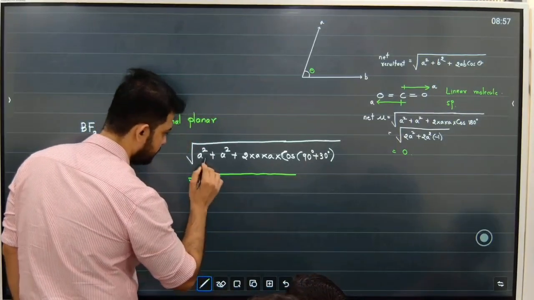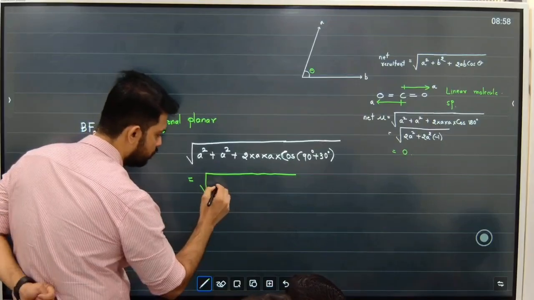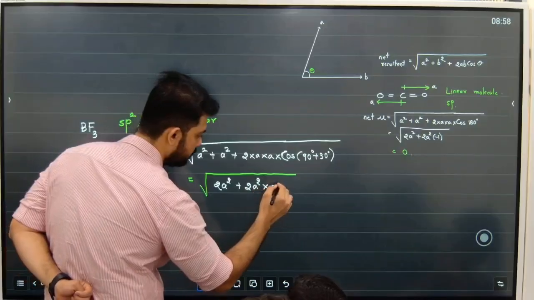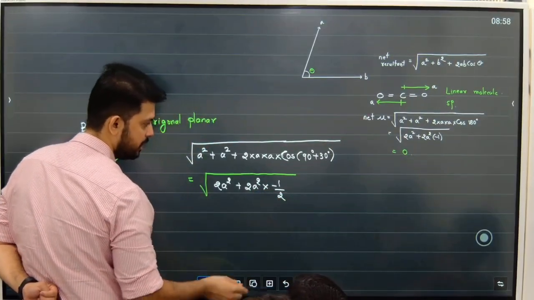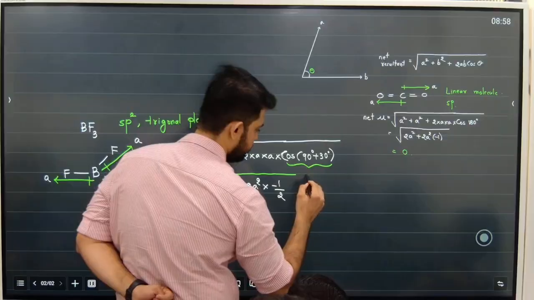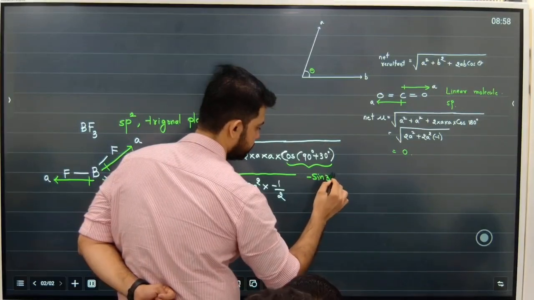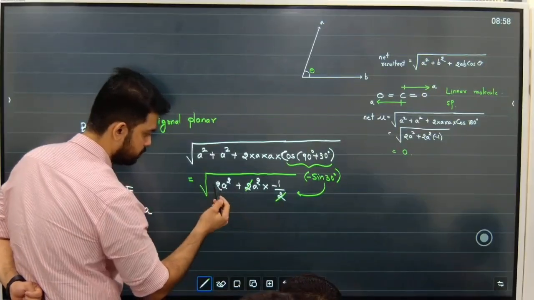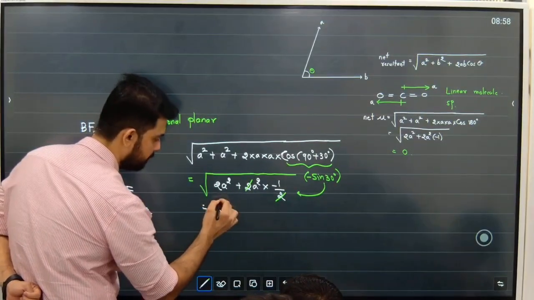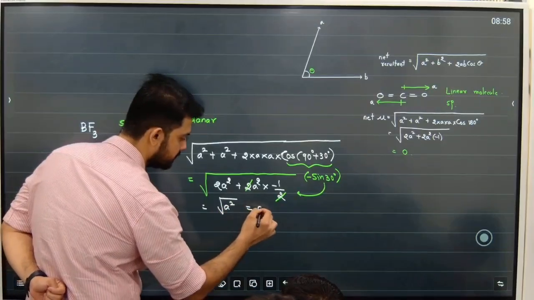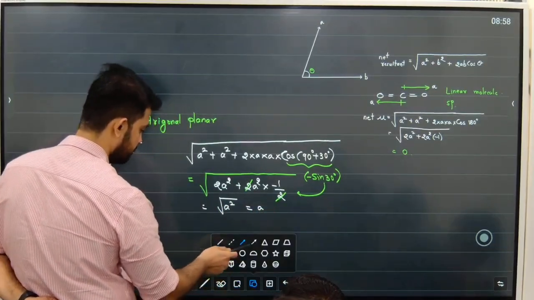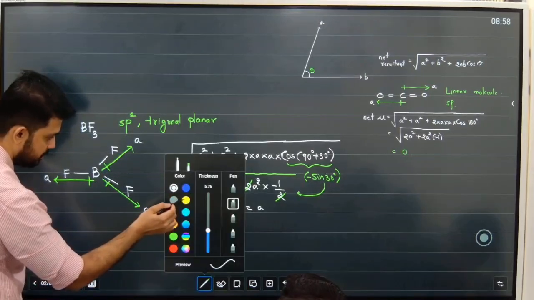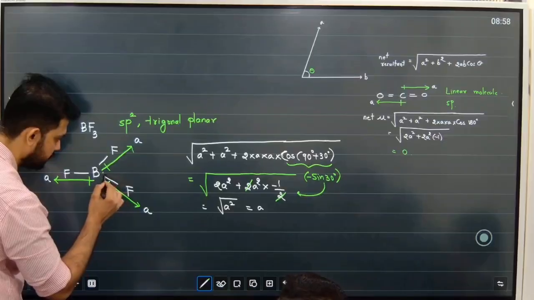So that will become A square plus A square, which becomes 2A square plus 2A square into minus half, because here this becomes minus sin 30. So the 2 cancels, 2A square minus A square, so what did we get again, people? Root of A square, that is A. In short, the net dipole of these two will also be in this direction.